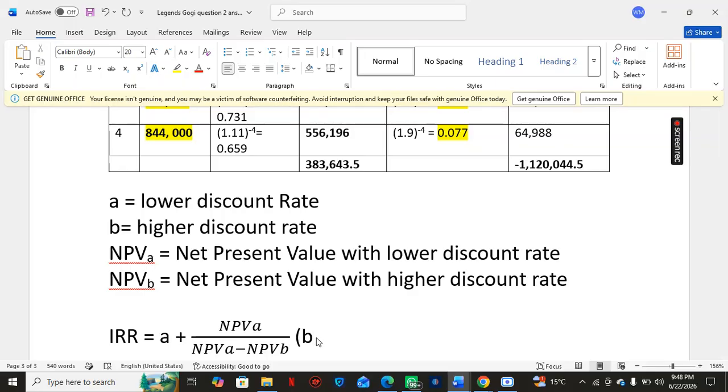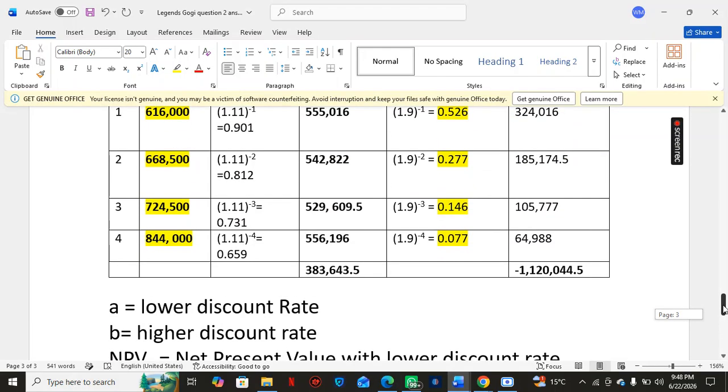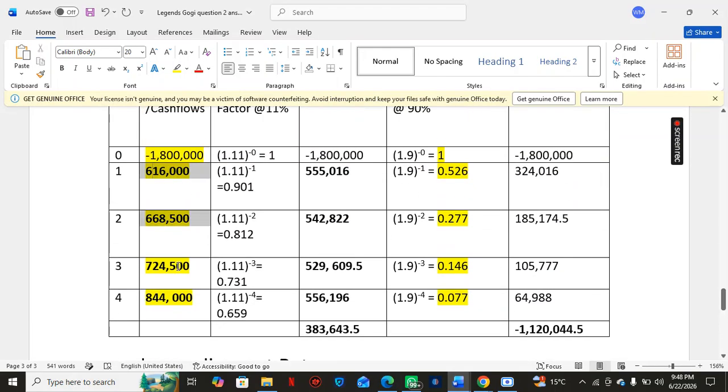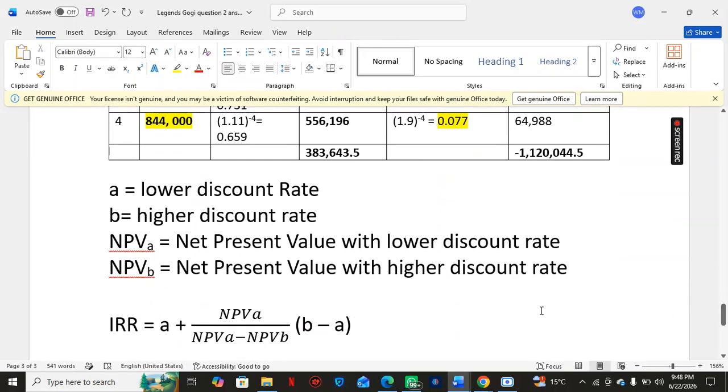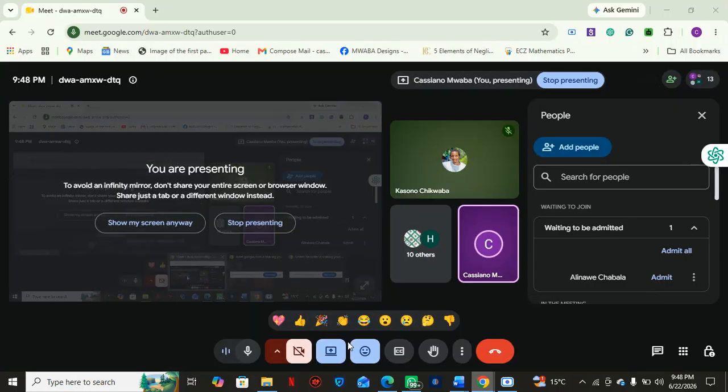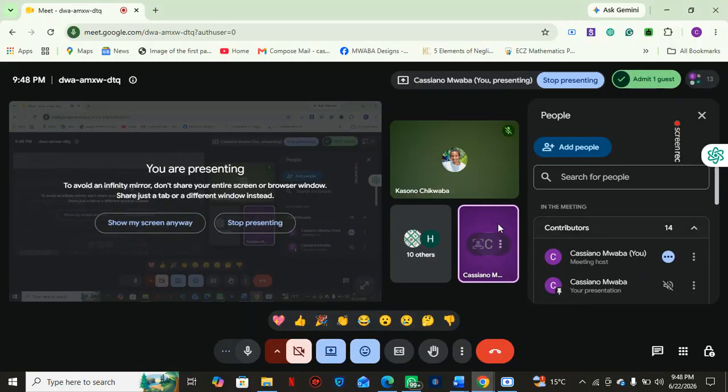Then brackets B, the higher discount rate, minus A, the lower discount rate. What is this internal rate of return? Have you seen these cash flows? We're just converting them into a percentage. That's what the internal rate of return is: your cash flows in an annual percentage form.